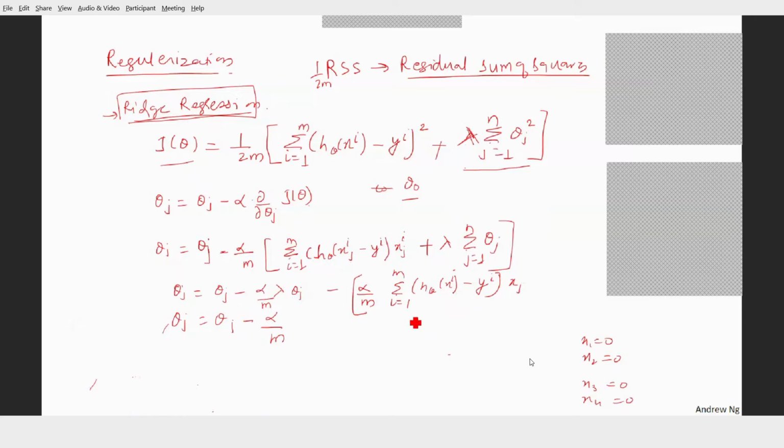Okay. So h theta x, I will write it like this.